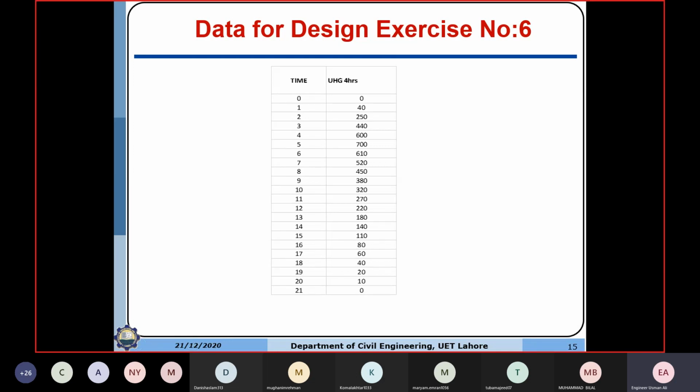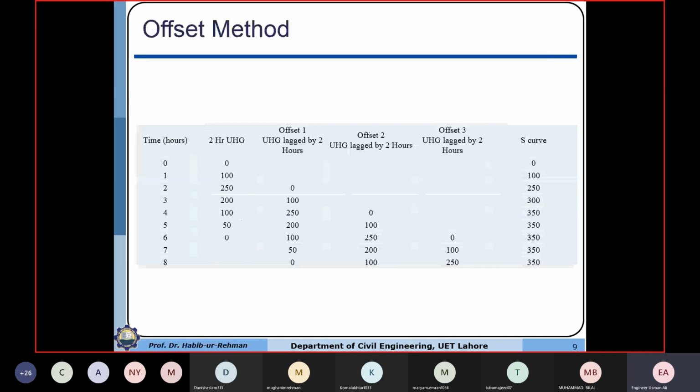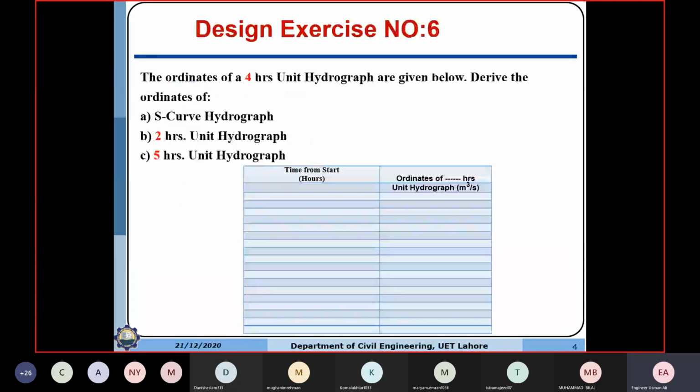You have to make this unit hydrograph there, and then you have to make another graph, on page number 56. You have to make the S curve for the watershed, and in the other graph you have to make the figure for the 3, 4 and 5-hour unit hydrograph. So let me come to the theory first, and then I will discuss the procedure.